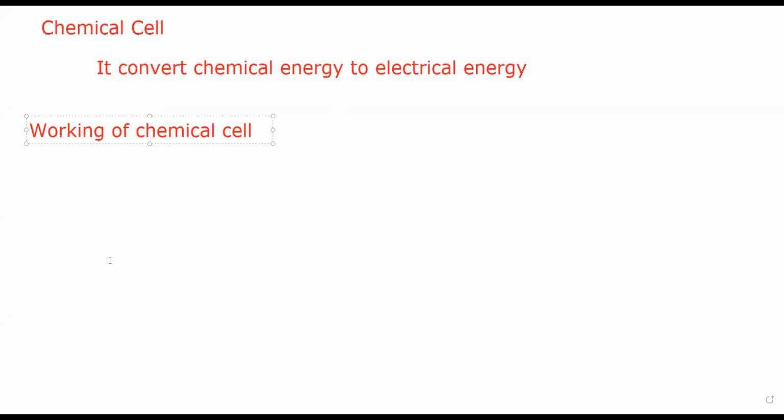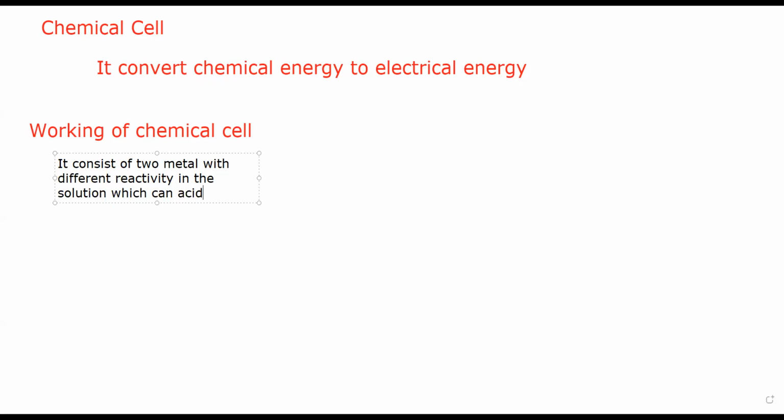So the working of a chemical cell: it actually consists of two metals with different reactivity in the solution, which can be acid or salt solution.